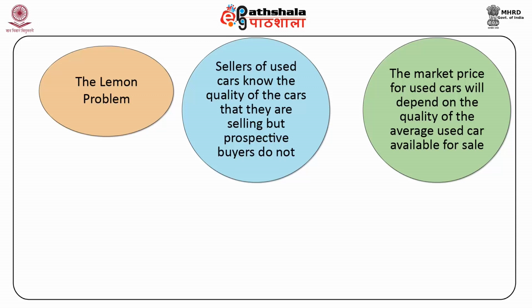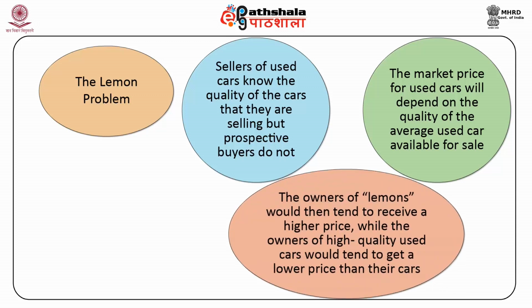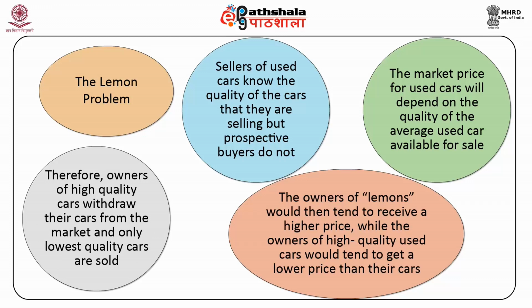The owners of lemons would then tend to receive a higher price than their cars are worth, while the owners of high quality used cars would tend to get a lower price than their cars are worth and would withdraw their cars from the market, thus lowering the average quality and price of the remaining cars available for sale.